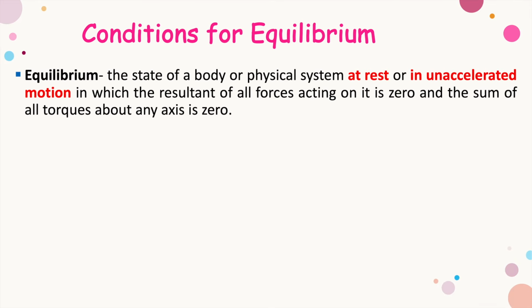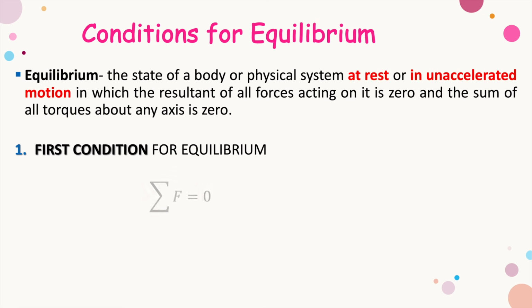If the system is in equilibrium, then the net torque is simply equal to 0. When we say equilibrium, it means the system is at rest, or it can be rotating but in a constant rotational motion. So there are two conditions for the system to be in equilibrium. One, your net force is equal to 0, so forces along x, along y, and along z are equal to 0.